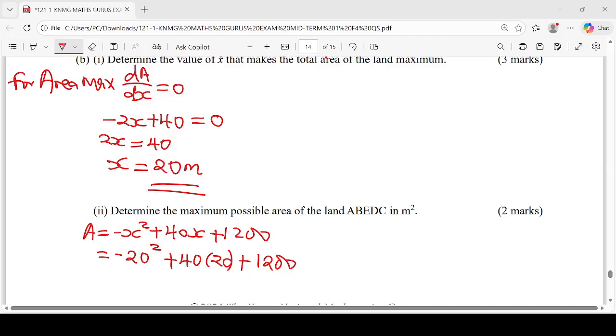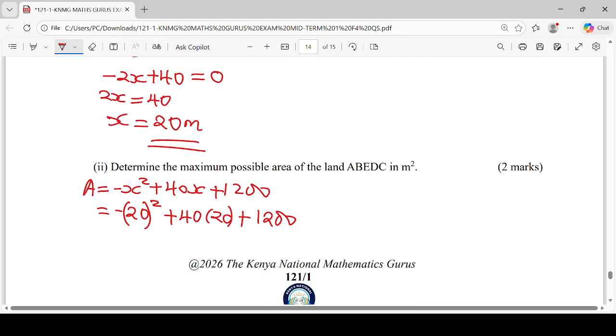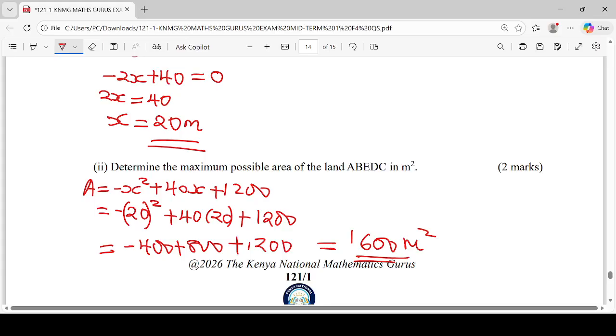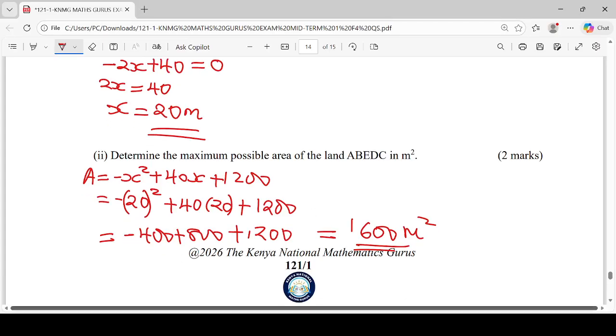Remember, it is negative x squared, and the value of x is 20. So when you work this out further, this is like saying negative 400 plus 800 plus 1200. And this is like saying 1600 square meters as the area for that question.